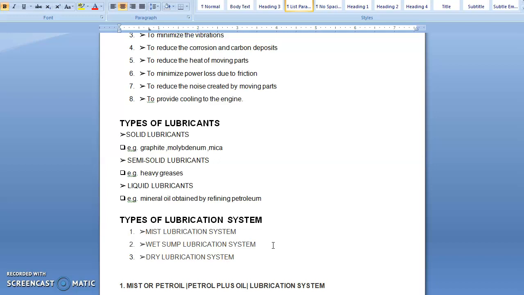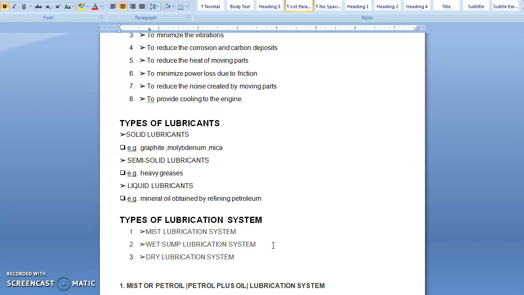Suppose Escorts India Limited manufactured a two-wheeler known as Rajdoot or Yamaha. Here we add 40 to 50 ml of oil or mobile oil into 1 liter of petrol.